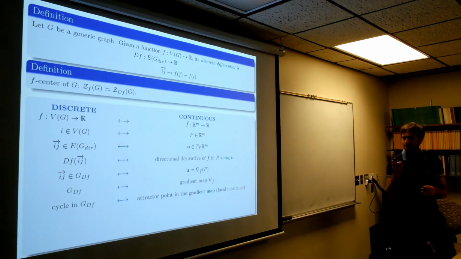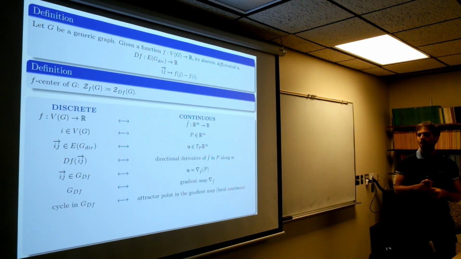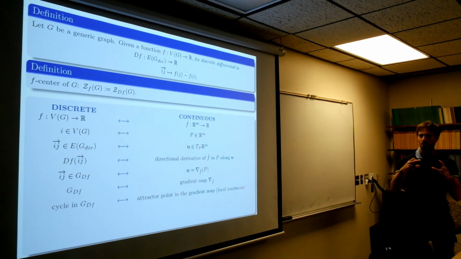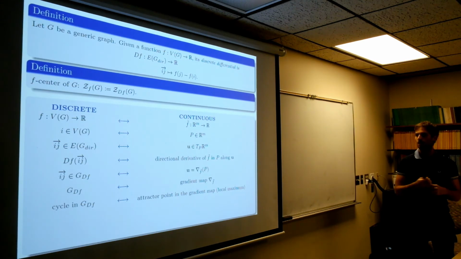Okay, but then a cycle in the optimality graph is a bit harder to imagine now, because in the continuous case we can shrink the cycle, in the discrete we cannot. But see, it corresponds to a point in which we are changing the direction of the gradient, so an attractor point in the gradient map. And if f tilde is smooth and nice, then it's a local maximum.